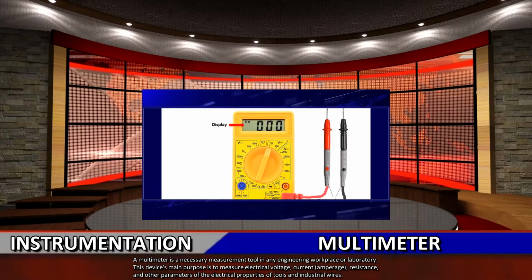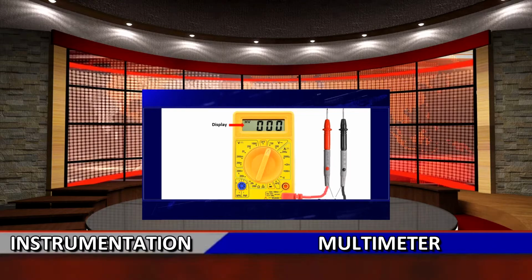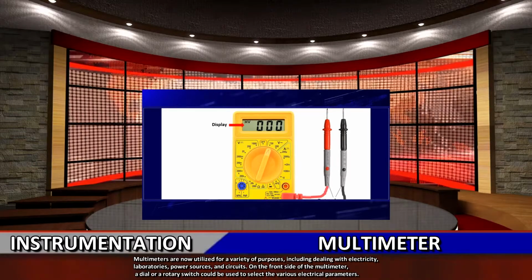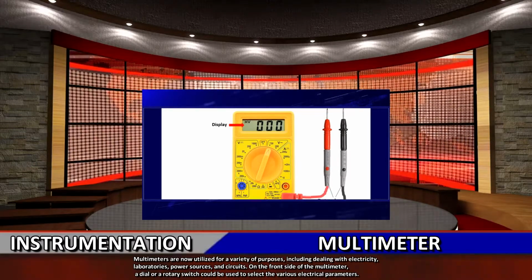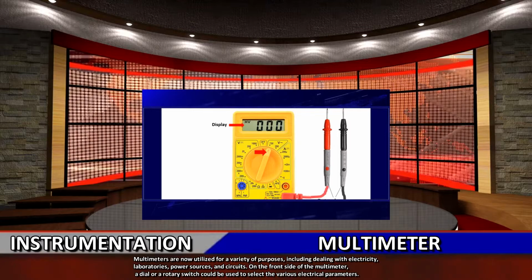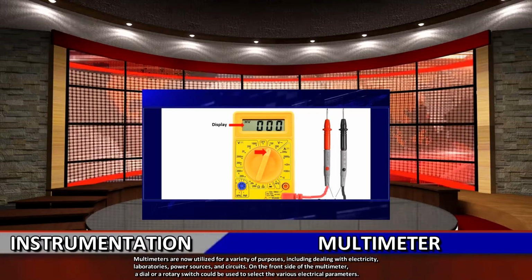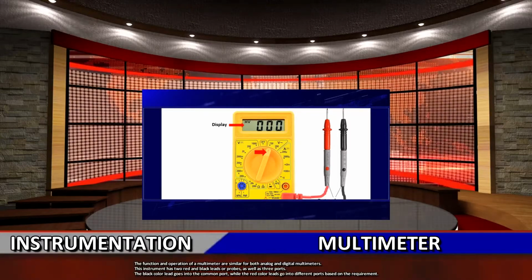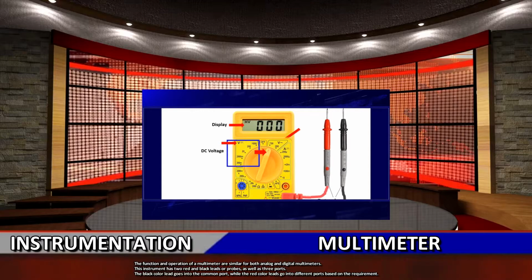Multimeters are now utilized for a variety of purposes, including dealing with electricity, laboratories, power sources, and circuits. On the front side of the multimeter, a dial or a rotary switch could be used to select the various electrical parameters. So, how to use this multimeter?